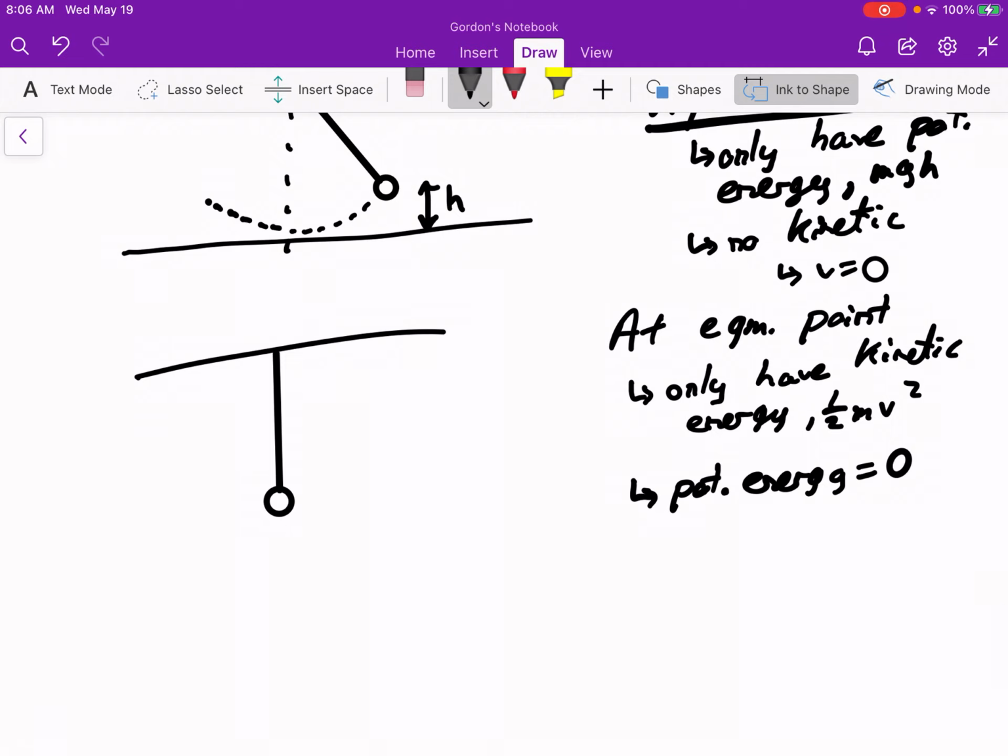So at this point where we only have kinetic energy, again, our velocity is maximal.